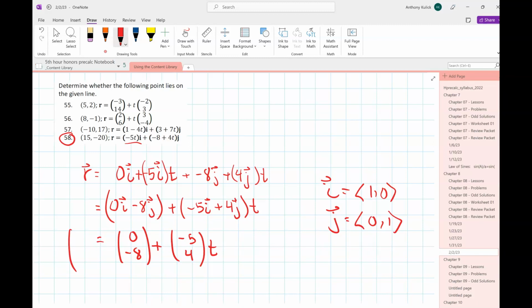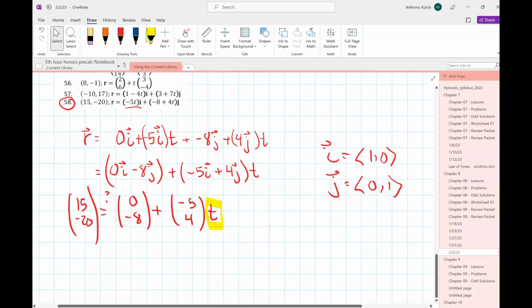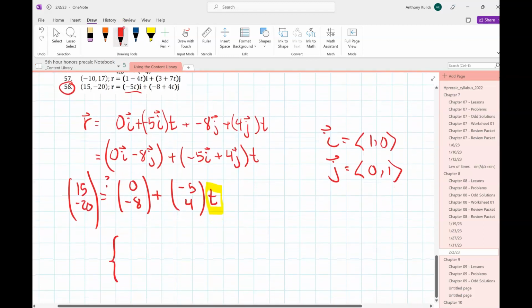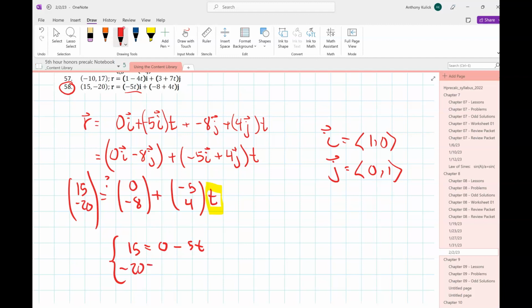So what I'm going to do now is plug in the point that we're interested in, and we're going to see is there a value for t such that I can get the output of 15, negative 20. So basically I'm just going to set up the system. 15 has to equal the x component, and negative 20 has to equal the y component.